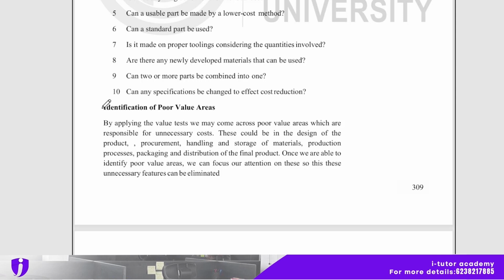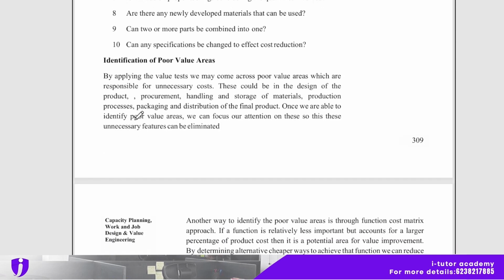And identification of poor value areas. By applying the value test, we may come across poor value areas which are responsible for unnecessary cost. This could be in the design of the product, procurement, handling and storage of materials, production process, packaging and distribution of the final product. So once we are able to identify poor value area, we can focus our attention on these also.